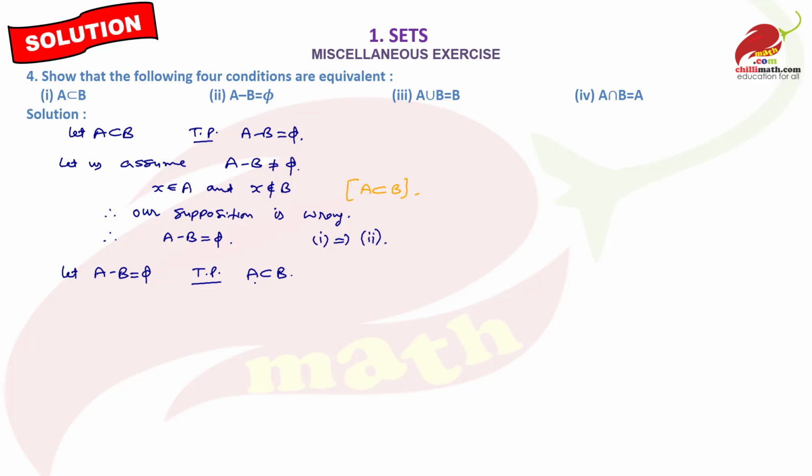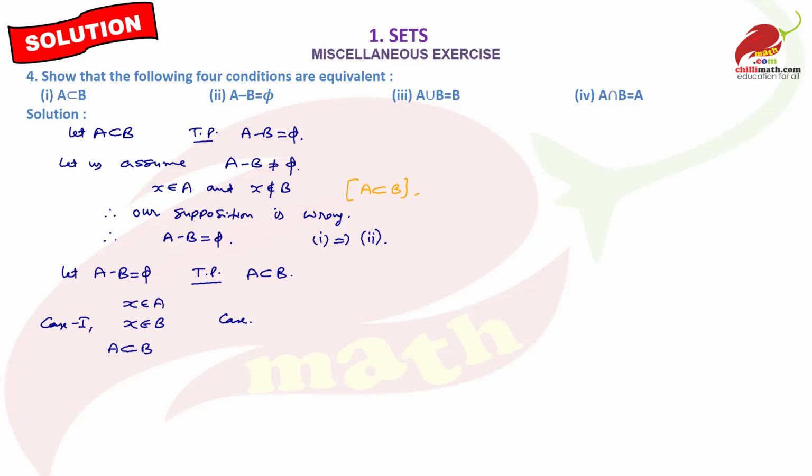So let us assume that x belongs to A. So there are 2 cases, either x belongs to B or not. Let us write this. Case 1, when x belongs to B. So here x belongs to A and x belongs to B, that means A is a subset of B. So this is proved.